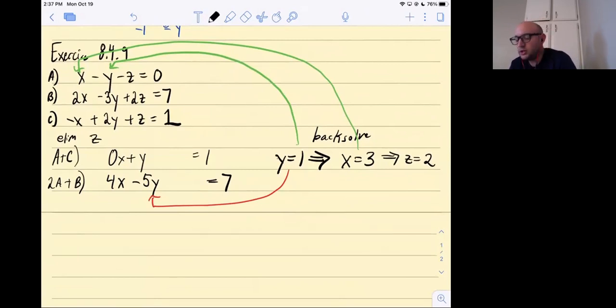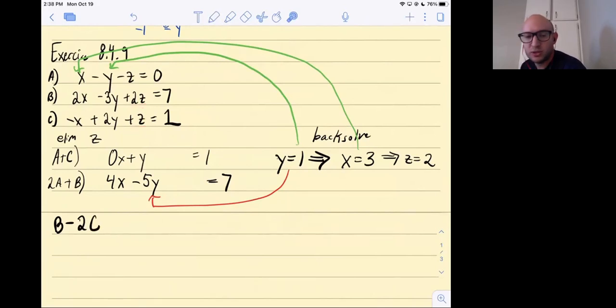Oh, yeah, you can do B and C as well. Let's see. If you use B and C, so one student tried B and C, just to double check. If you use B and C, you want to do B minus 2C. The reason is because here you have 2z, and here you have just a regular z.